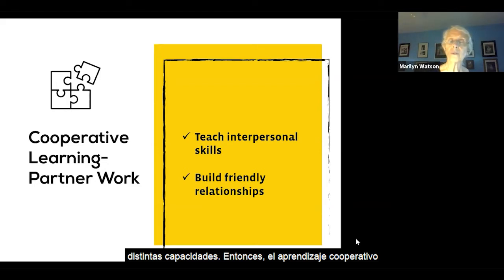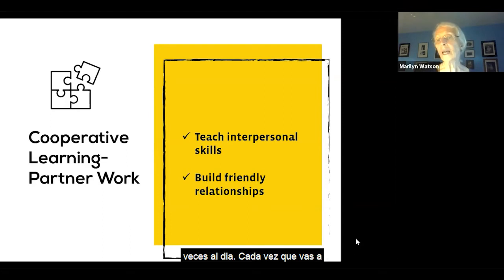So cooperative learning required the teaching of interpersonal skills almost daily, or even more times in a day. Whenever you set the students out to do something cooperative, you go over with them the ways you are going to show respect and trust with your partner.